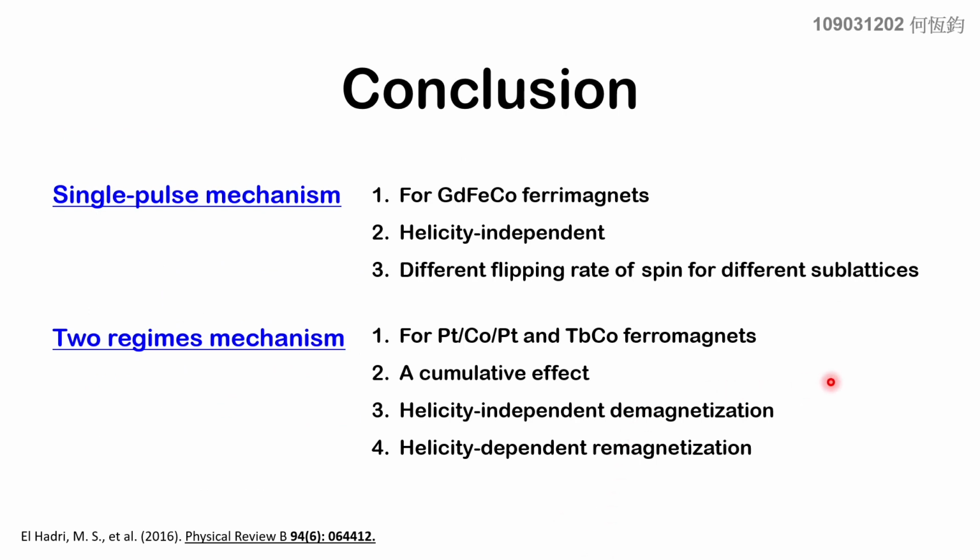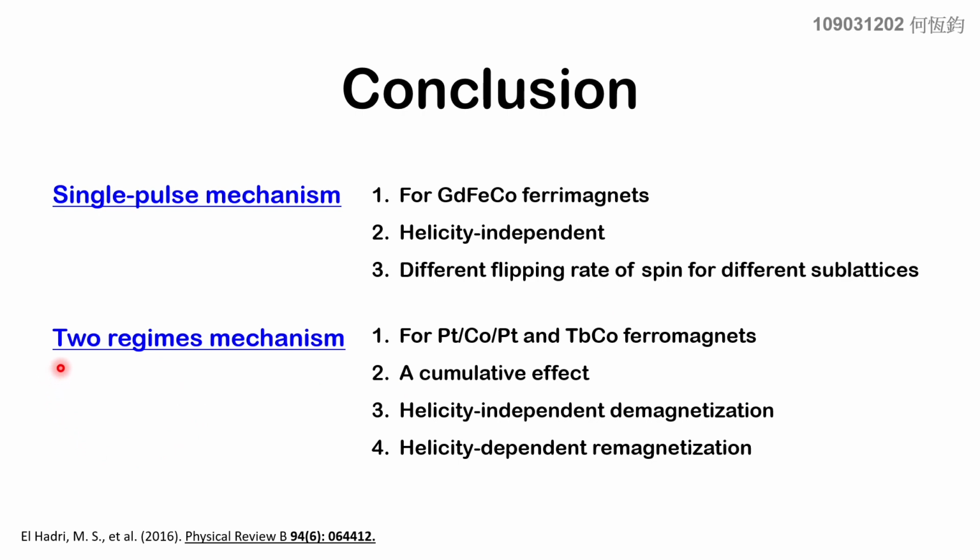As a conclusion, we have the single pulse mechanism and the two regime mechanism for different kinds of materials to achieve all optical switching. The single pulse mechanism can be observed in gadolinium iron cobalt ferromagnets, and it is a helicity independent process due to the different spin flipping rates of different sublattices.